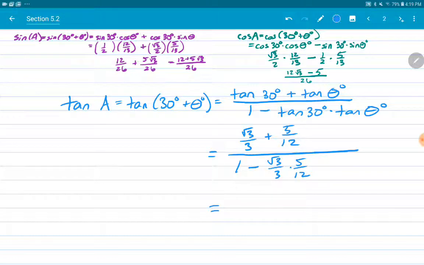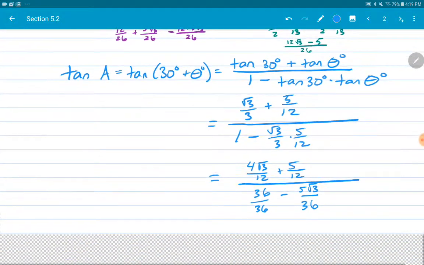So getting a common denominator of 12, let's see, that's 4 radical 3 over 12 plus 5 over 12 all over, let's see, 5 radical 3, 12 times 3 is going to give me 36. So instead of 1, I'll do 36 over 36 to get my common denominator.